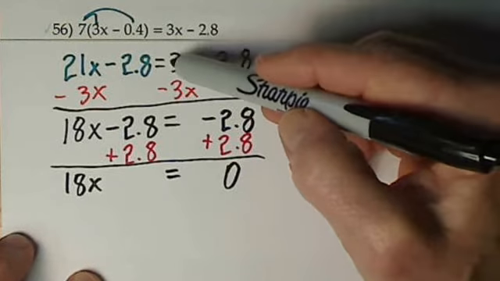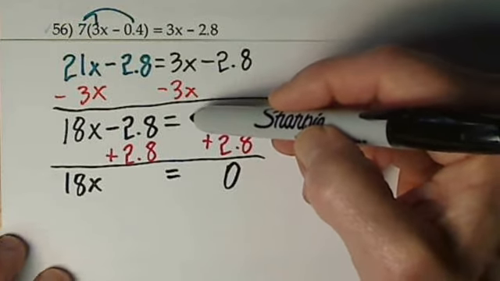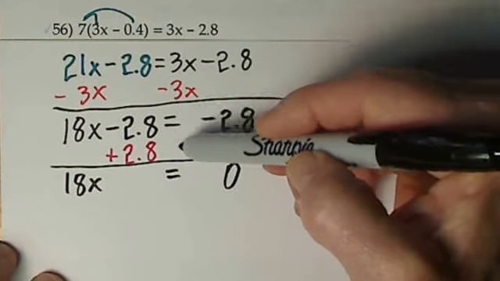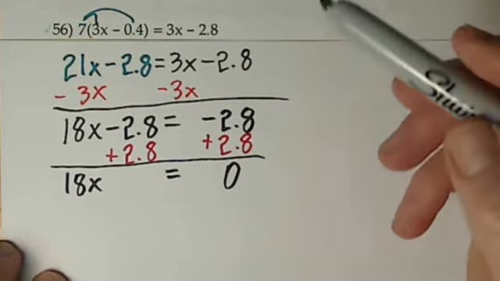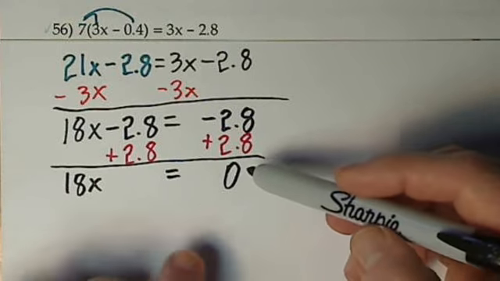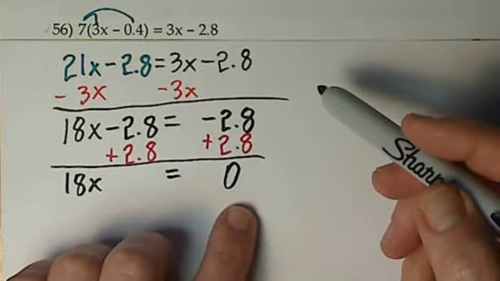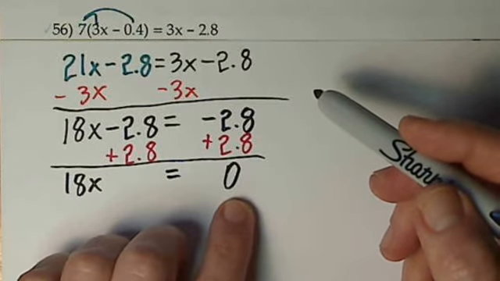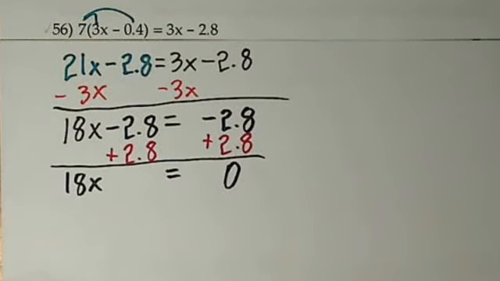For instance, up here I had 3x and a negative 3x. That gave me a 0. I didn't write it because I didn't need to write it. I've got something else on this side of the equal sign. But when I get down here, if I don't put in this 0, there's nothing on this side of the equal sign. I can't have air over here. I need a number. Well, I've got 0.